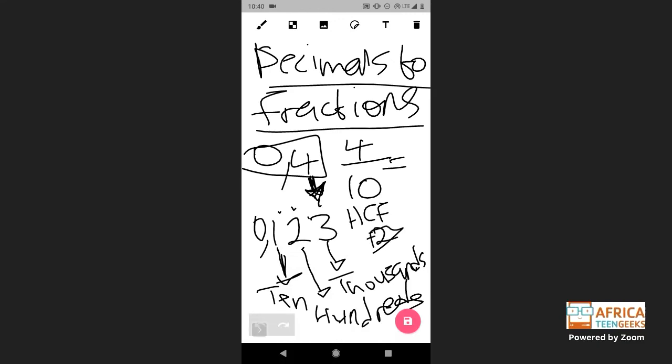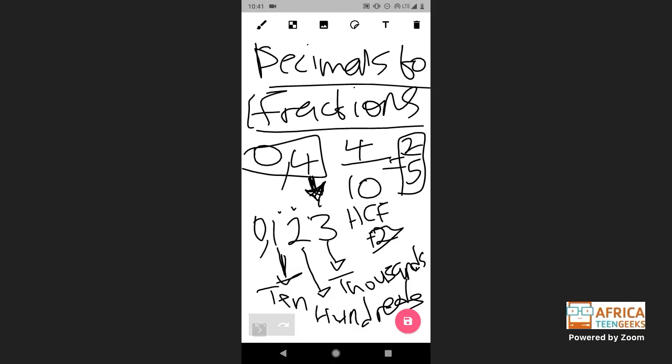Our highest common factor in this case equals 2. So now let's do it. 4 divided by 2 equals 2, and 10 divided by 2 gives us 5. So now we have a simplified fraction. We converted a decimal fraction to a common fraction.